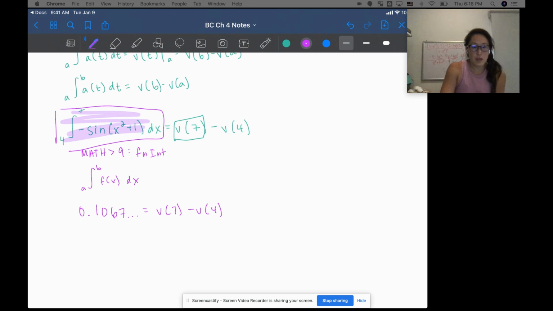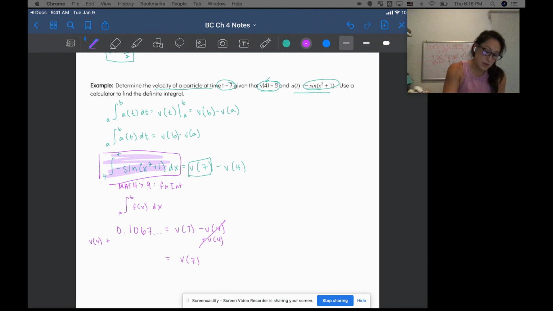So how do we solve for v of 7? Well, we just add v of 4 to both sides. So we're adding our starting value to both sides. So I get v of 7 is equal to, and I had a value for v of 4, which was 5.